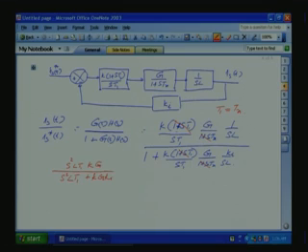So, if you see here, there is S square L T1 here, and here also S square T1 L is there, so this will get cancelled.